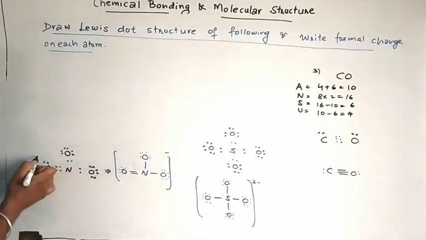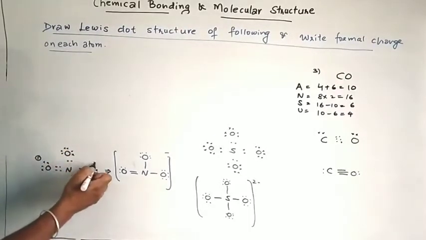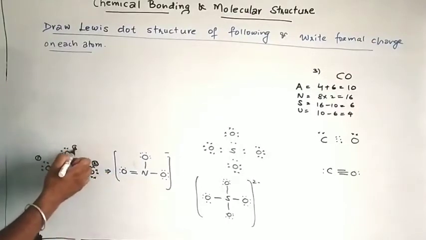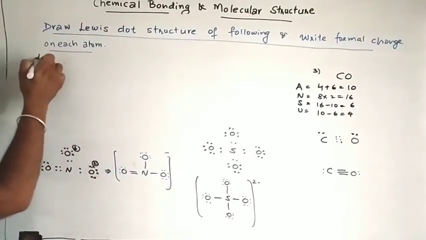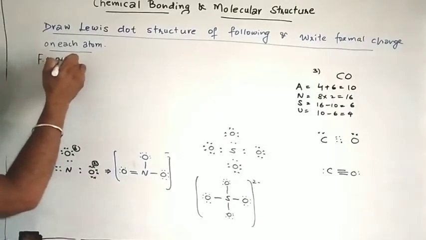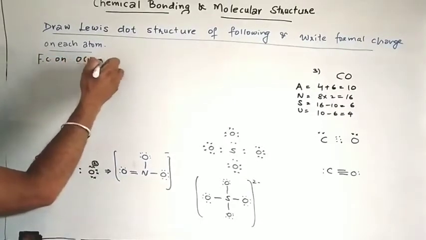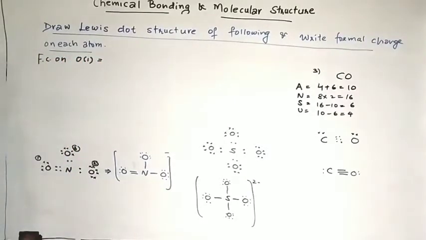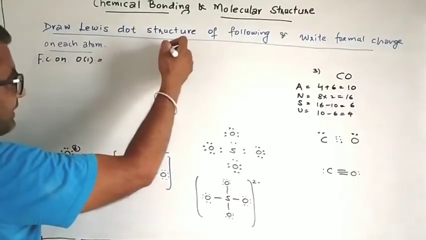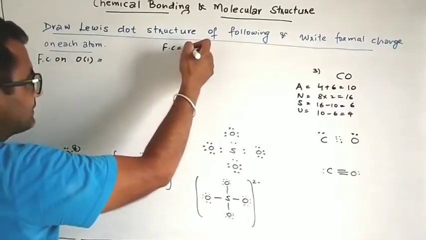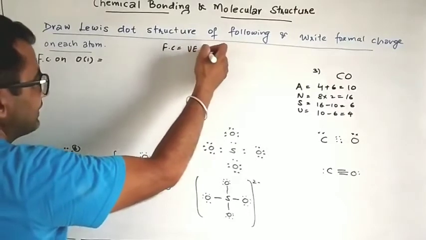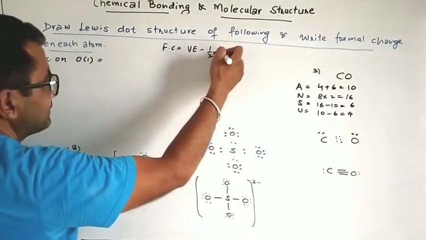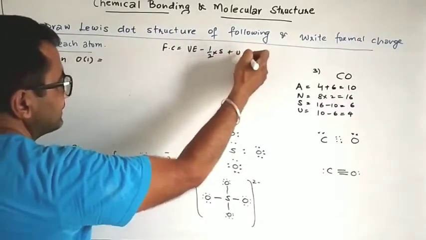Say this is your oxygen number 1, this is oxygen number 2, this is oxygen number 3. What is the formula of formal charge? Valence electrons minus half of shared plus unshared.